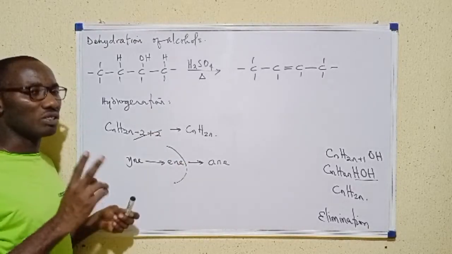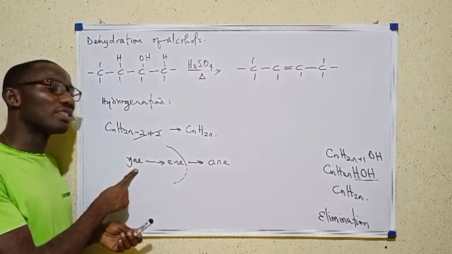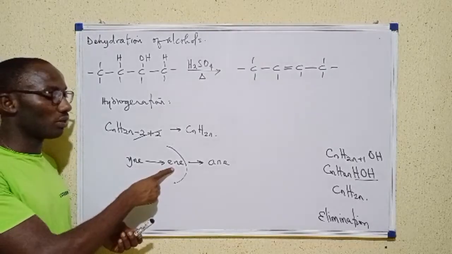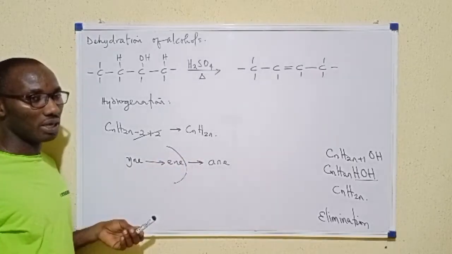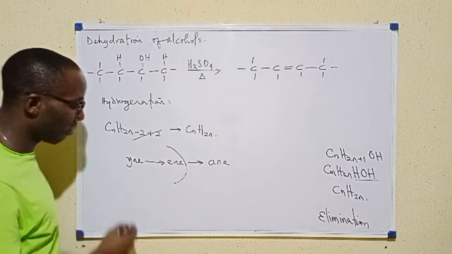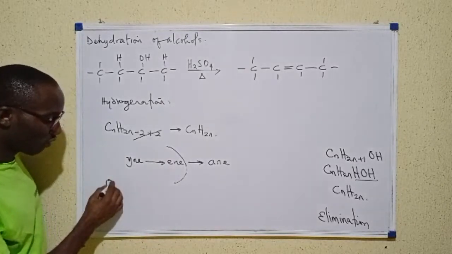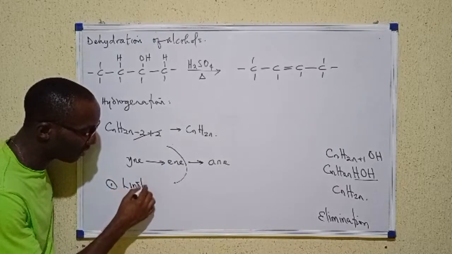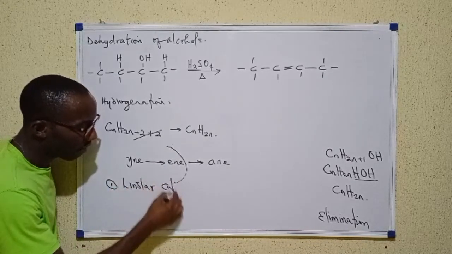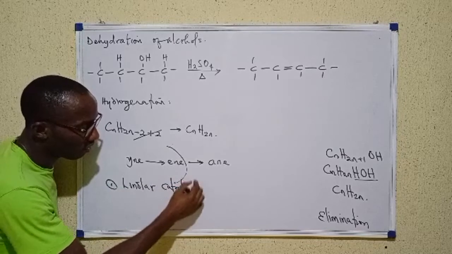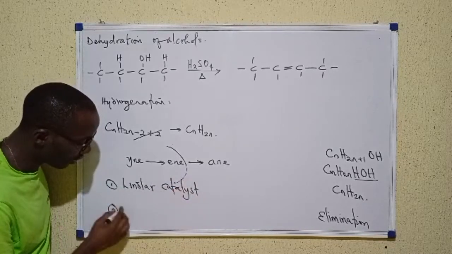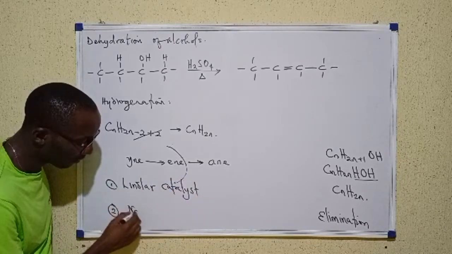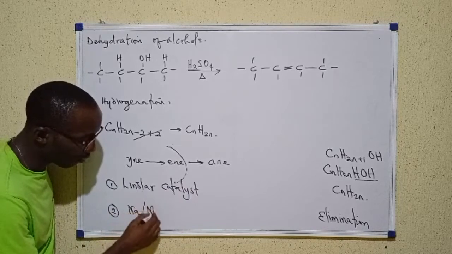Now, there are 2 easy ways of converting an alkyne into an alkene without getting alkane. One of them involves the use of a modified catalyst called a Lindlar catalyst. And then the second method involves using sodium metal and liquid ammonia.